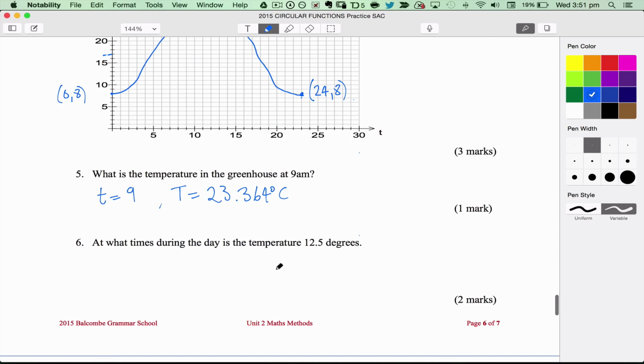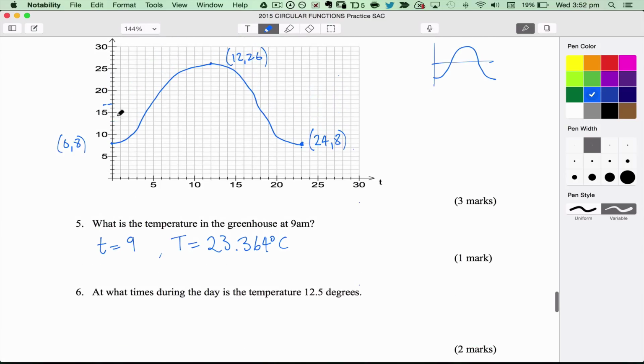At what times during the day is the temperature 12.5 degrees? You'll get 2 solutions, one about here and one about here. Use your CAS to solve for 12.5 and then click the across arrow to get to the next one. You should get 4 AM and 8 PM.